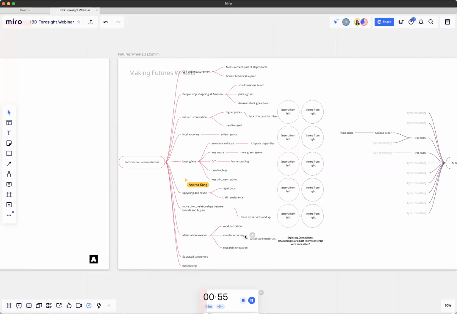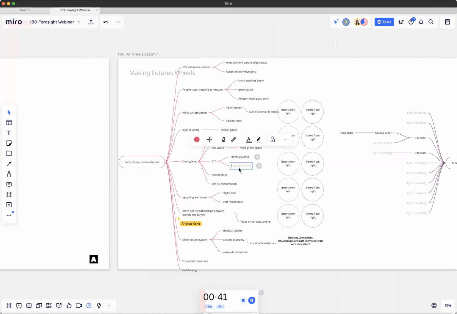So before we finish up this wheel, anything that's missing that you all would like to add? Something about self-sustainability, self-reliance. Okay, got that. Stronger communities. Interesting. Maybe from local sourcing.